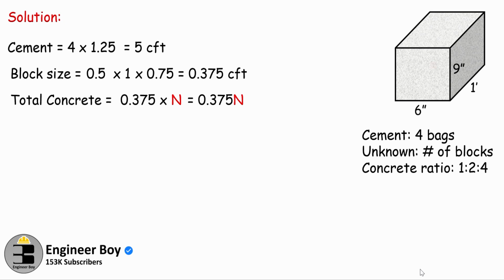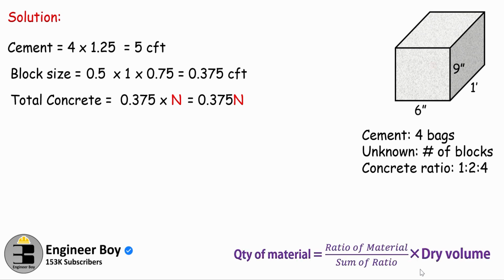Now let's focus on the given data. The only thing we know is the cement, and that is 5 CFT or 4 bags. Now, you must be a little bit familiar with quantity surveying, and you must be familiar with this formula. It's a simple formula, used by me in many videos available on the same channel. We use this formula to determine the quantity of material.